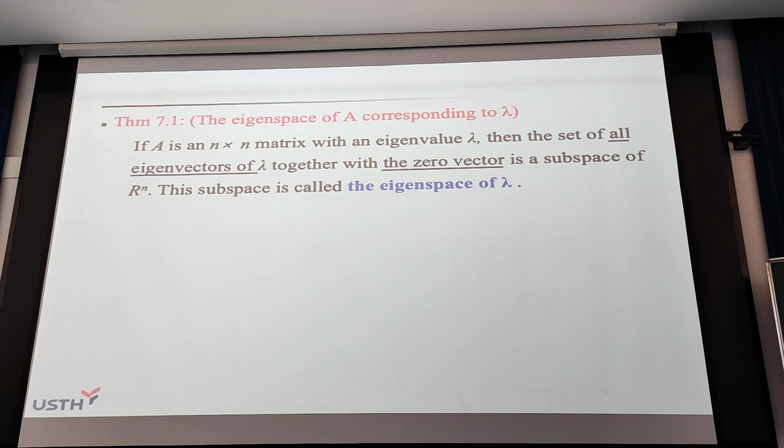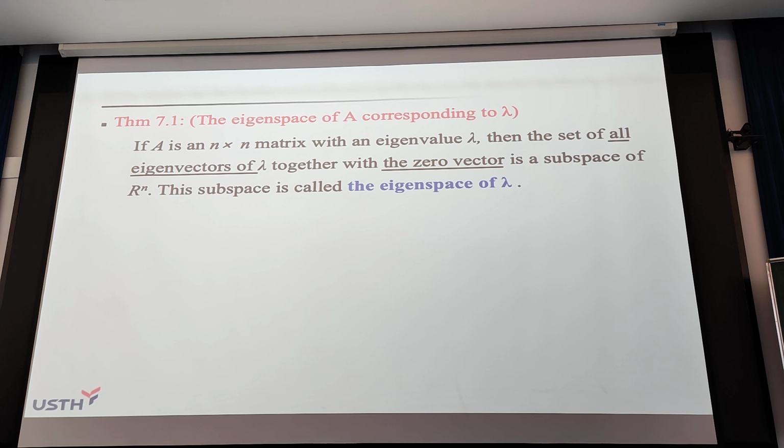Now this one is new. Suppose that A is a square matrix of order n, and lambda is an eigenvalue. Then the set of all eigenvectors of lambda together with the zero vector will be a subspace of Rn, and that subspace is called the eigenspace of lambda.